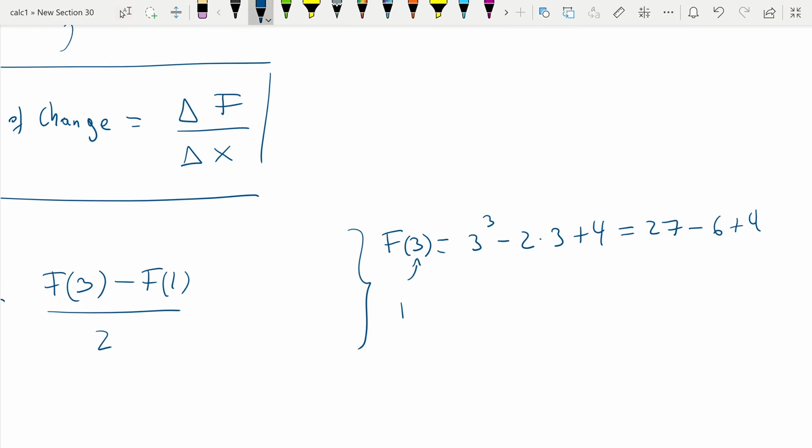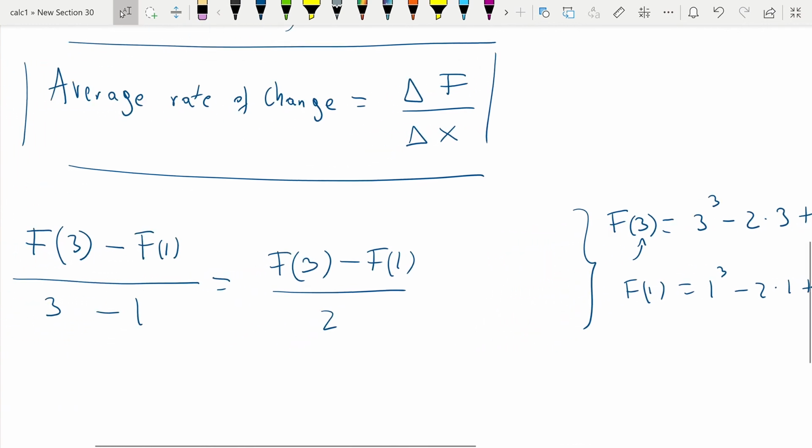And f of 1 is just 1 cubed minus 2 times 1 plus 4. So 1 minus 2 plus 4. I'm not computing everything here because in fact we can do some cancellations. With the 4's, for instance, the constants always go away.